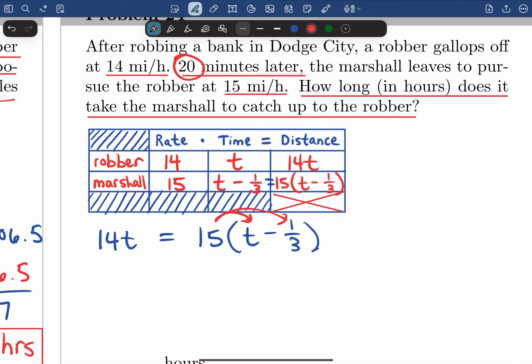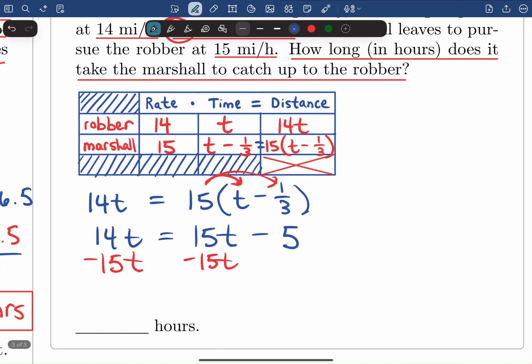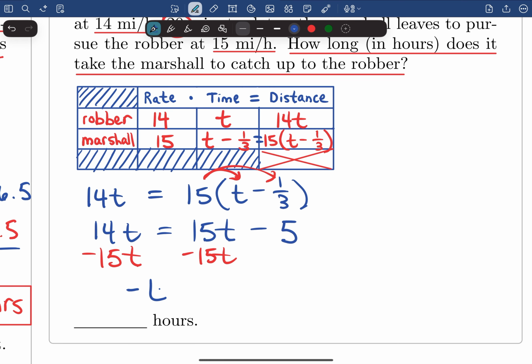We distribute, and we get 14t equals 15t minus 15 times 1/3, that's 5. 1/3 of 15 is 5. And now I can subtract 15t from the right side to the left side. And I find out that 14t minus 15t is negative 1t, and that equals negative 5.